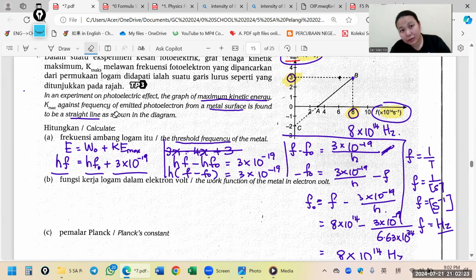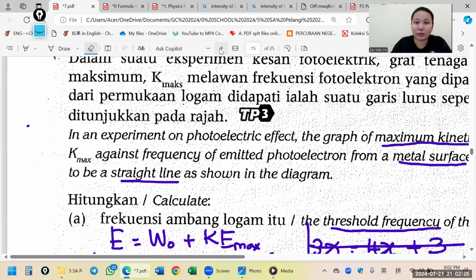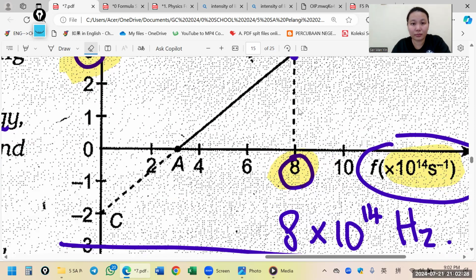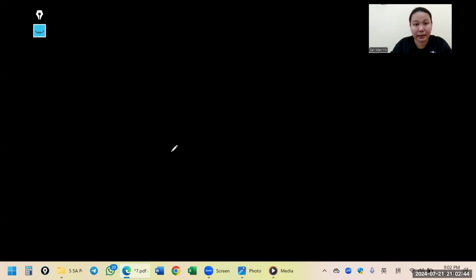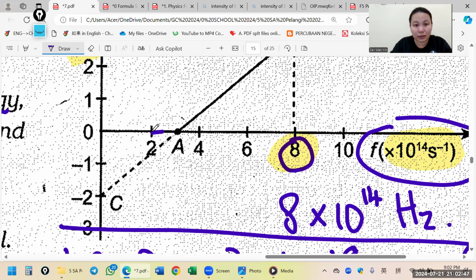But the diagram is not balanced. Is it my illusion? Oh, seems like okay. Yeah, my illusion.